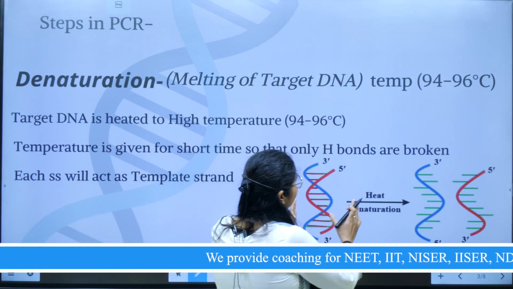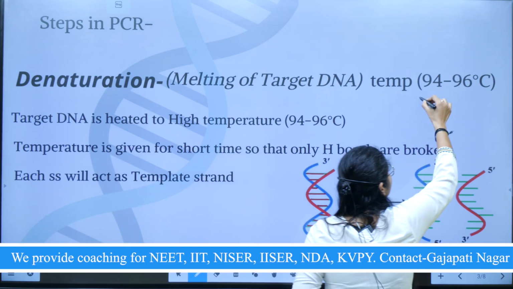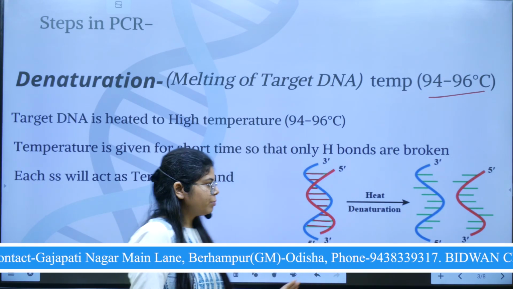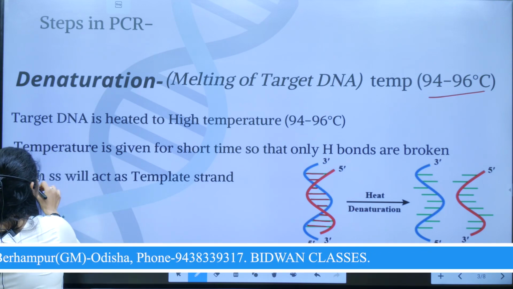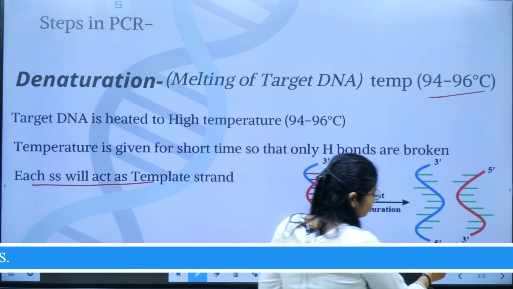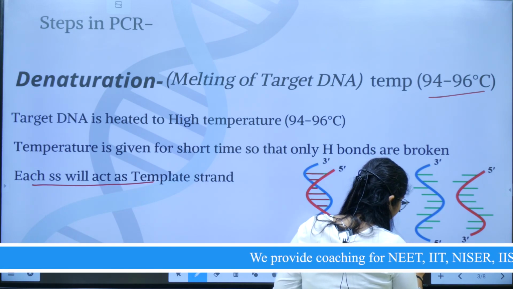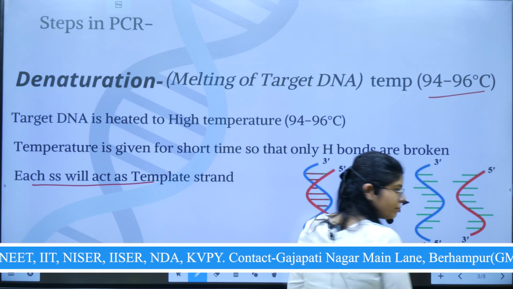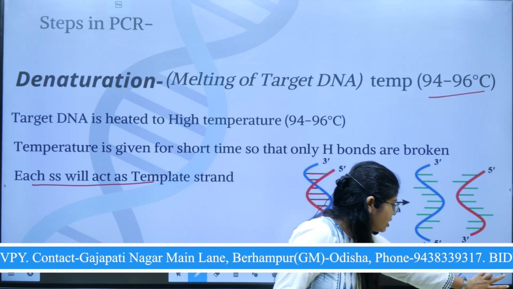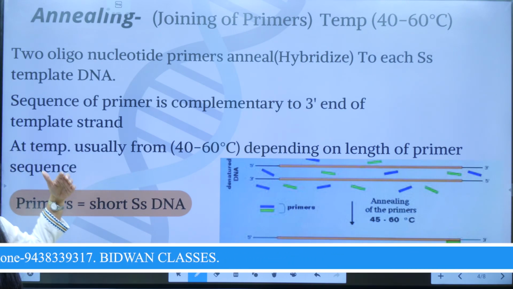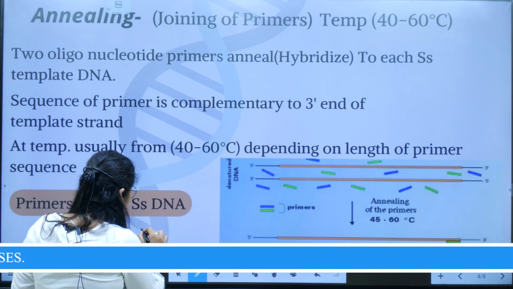As we provide the higher temperature, which is usually 94 to 96 degrees Celsius, the two strands will get separated. Now each single strand will act as a template strand. The next step is the joining of primer, or annealing. Anneal means to join.